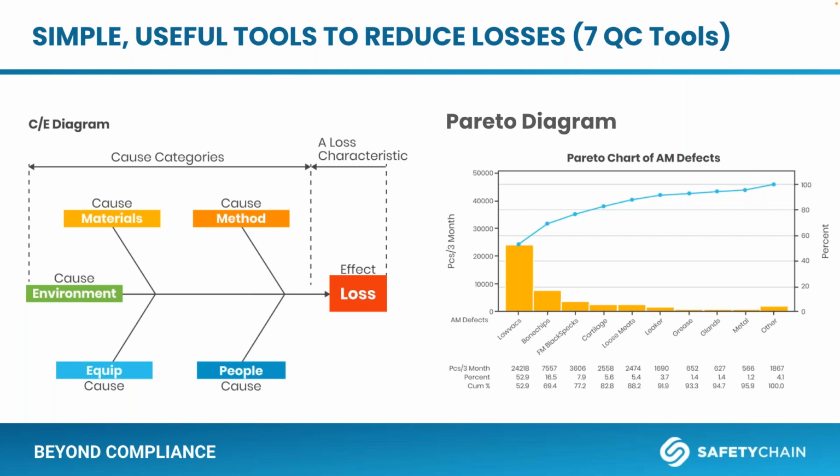The second chart, a Pareto diagram. This is an actual case that I'm working with an organization right now. They're looking at reworks, and what they've identified is one category. So in this particular case, it's called LOVAX. So it's a food processing organization.